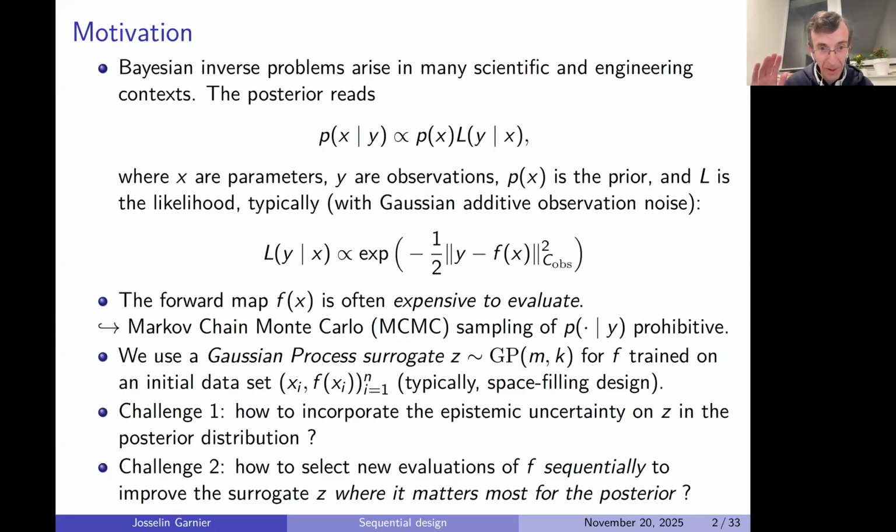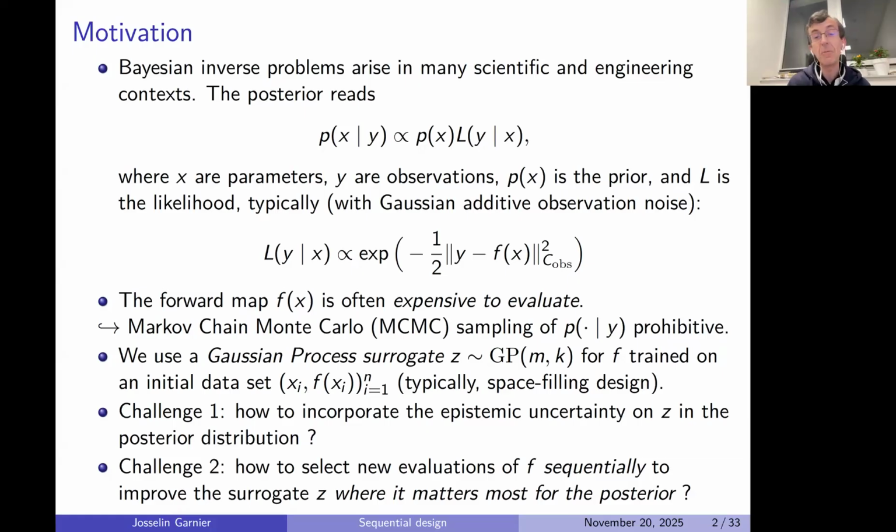That's all right, as long as you can call the forward model almost as many times as you want. But let's assume here that the forward map F is very expensive to evaluate. Then you cannot use MCMC sampling directly. That would require thousands or even millions of calls to the function F.